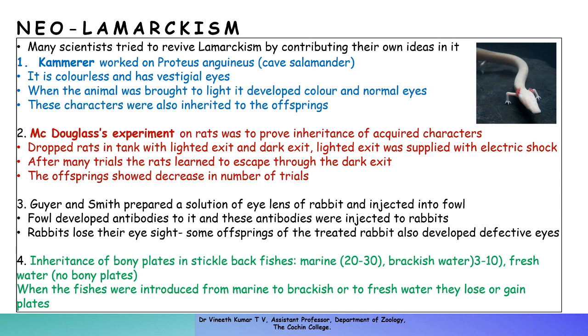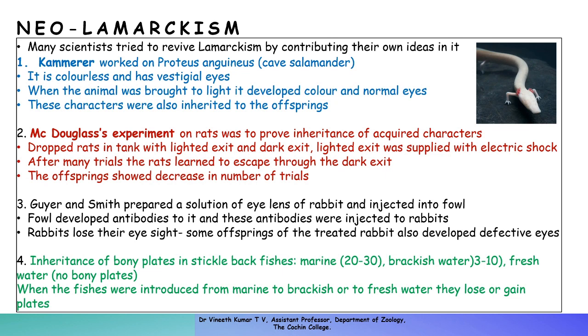Another experiment is by Dyer and Smith. They prepared a solution of lens protein of rabbit and injected it into fowls or birds. When that lens protein is injected into another animal, it is considered an antigen in the fowl's body and it will generate antibodies.